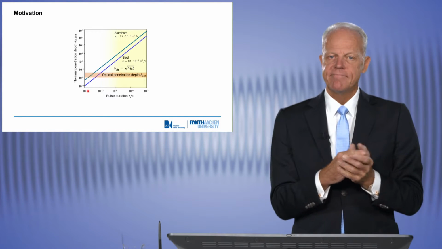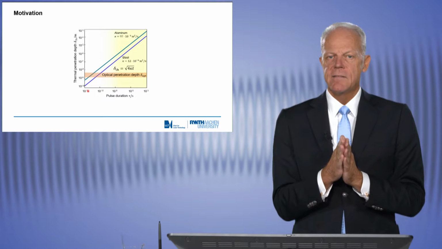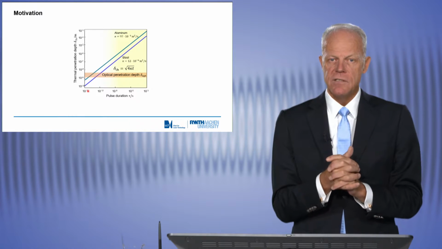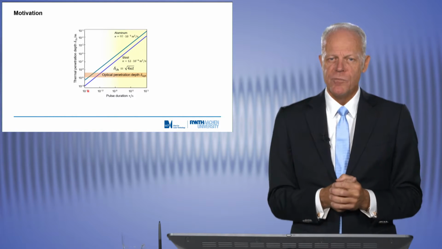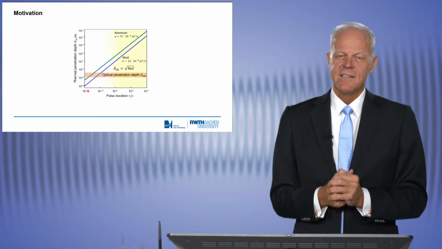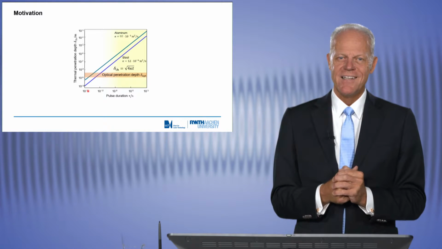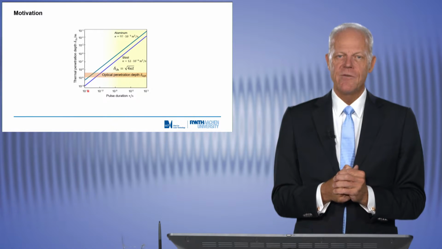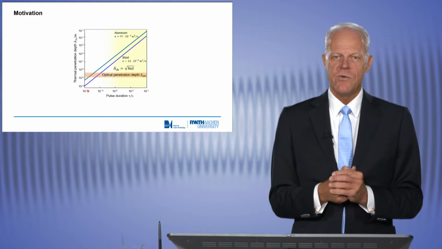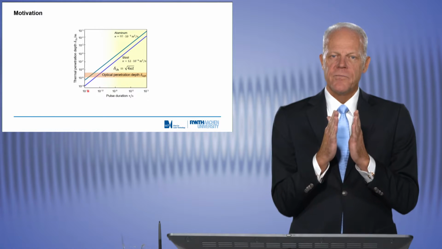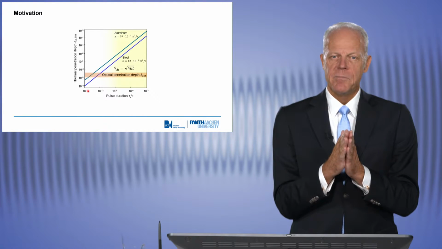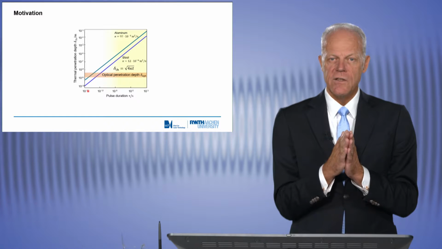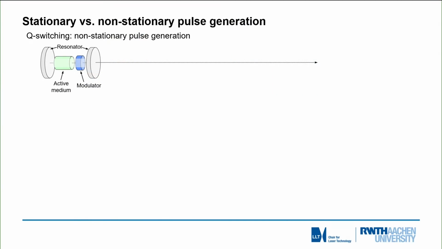These are dimensions which cannot be imagined anymore, at least not for me personally. But the fascinating thing is we can generate them and we can use them, and we can indeed generate extremely precise ablation processes using these femtosecond lasers.